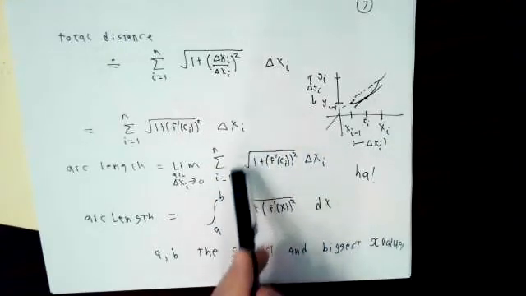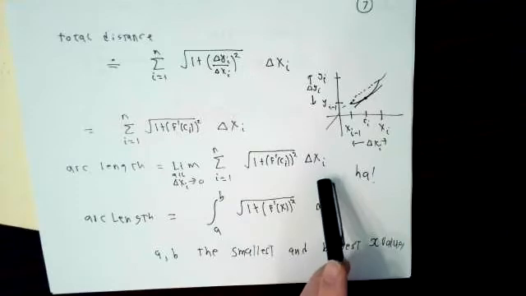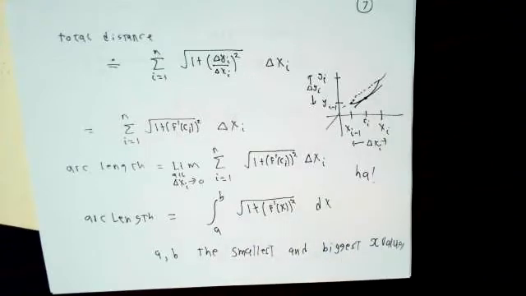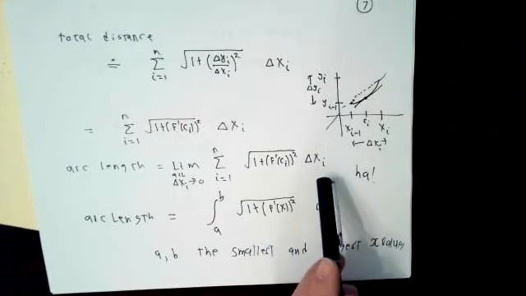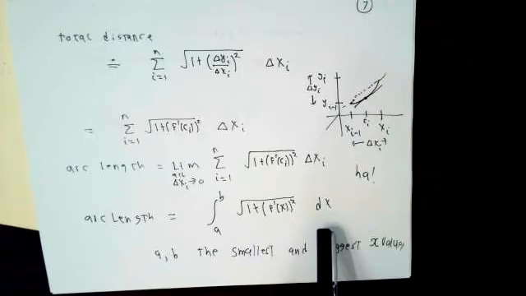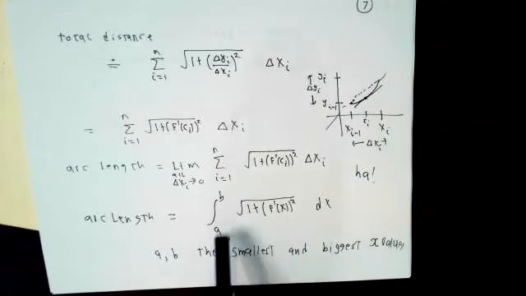In the thing that was being multiplied by delta x number i, I stop writing c_i or x_i, or whichever letter I've used to represent a number in subinterval number i, and I replace it with the letter of integration, and the delta x_i's transform over into dx. a and b are the x values that go with the start and end of the curve that I'm looking at.